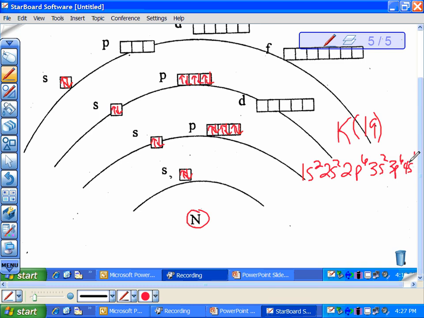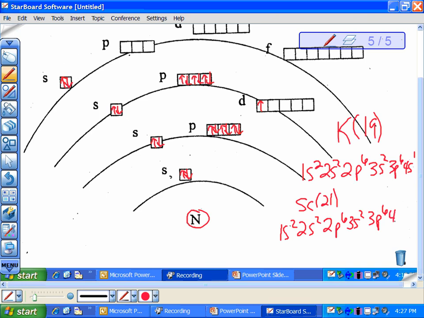But now when I get ready to do number 21, which is scandium, Sc, number 21, well, rather than fill the p, it actually falls back down and fills that. And so when you write it in the order at which it fills, it filled 1s2 first, 2s2, 2p6, 3s2, 3p6, and then it went out and filled this one.